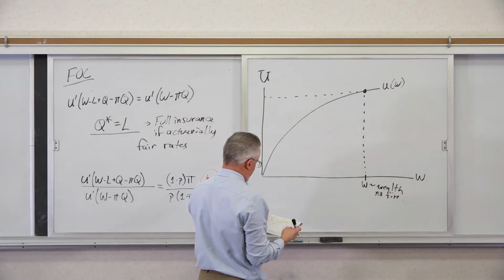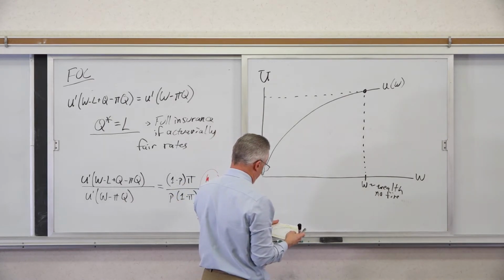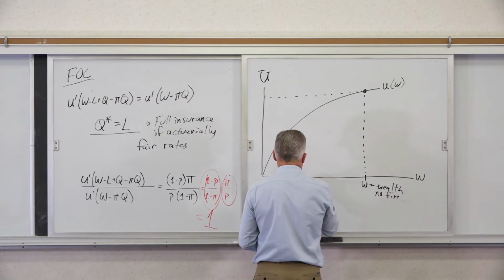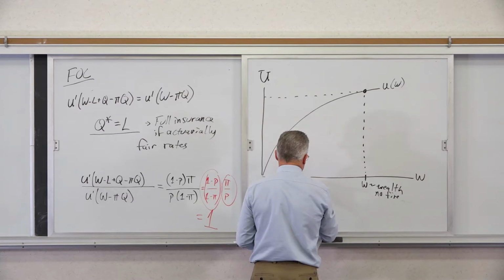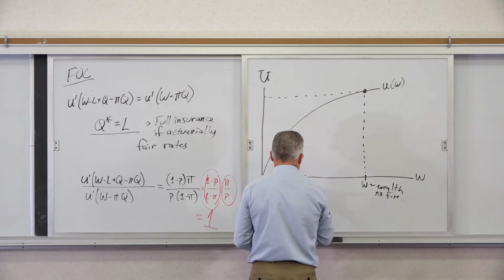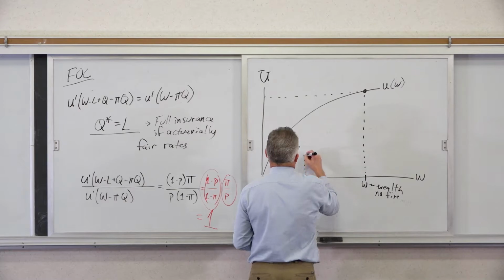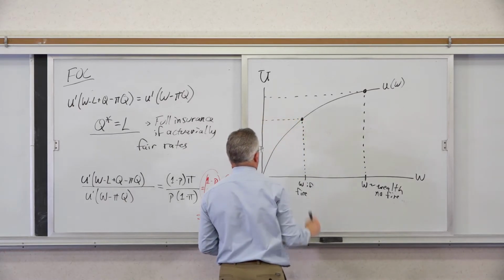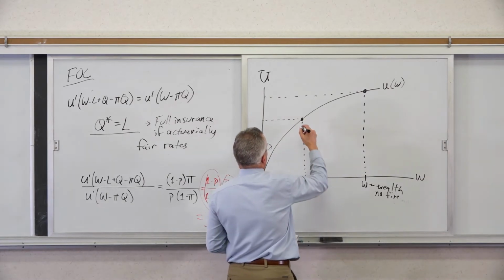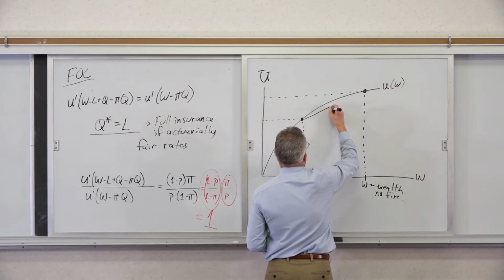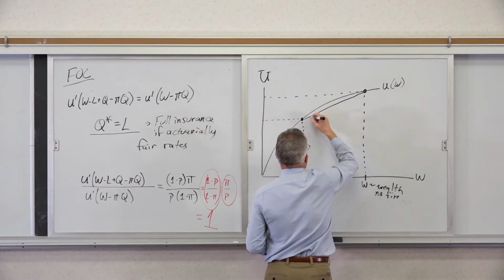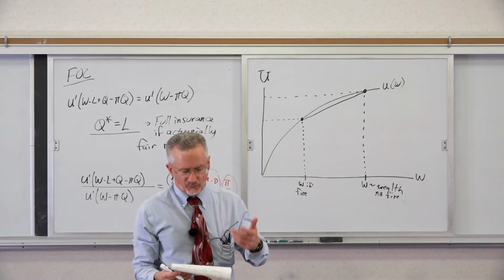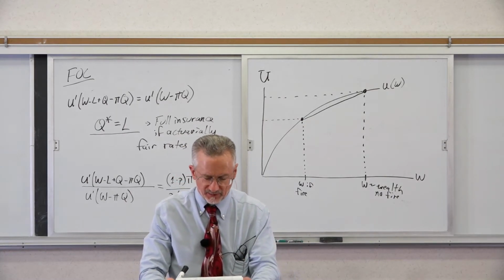And don't worry too much about that because we're not going to do much with it. But then we've got wealth if there's a fire, and we'll just move that down here. And that's the uninsured wealth if there's a fire. Great, so they're here. And then the lottery they face will be along some combination along here, depending on the risk of a fire.